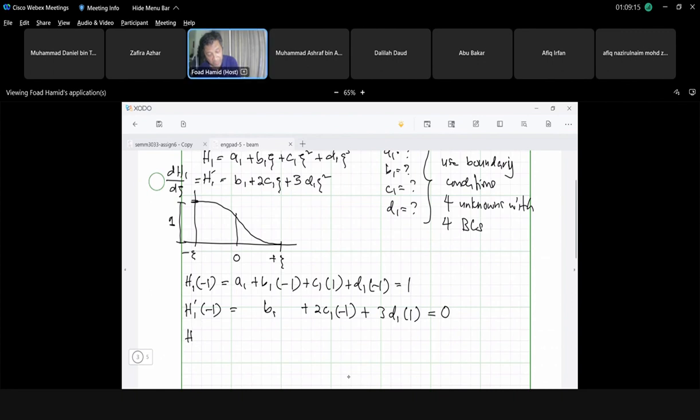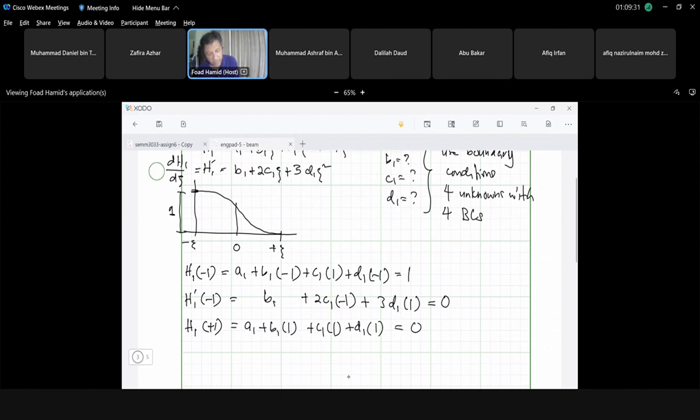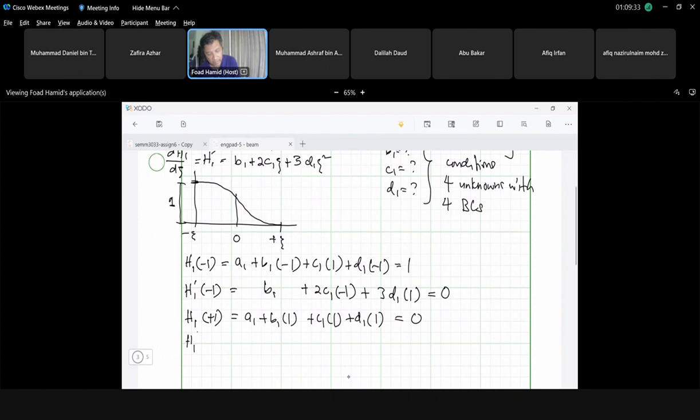Now let's look at H1 at z equal to plus 1 here. So A1 plus B1 plus C1 plus D1 must equal 0. And H1 prime at z equal to plus 1 should be B1 plus 2C1 plus 3D1 times 1 equal to 0.